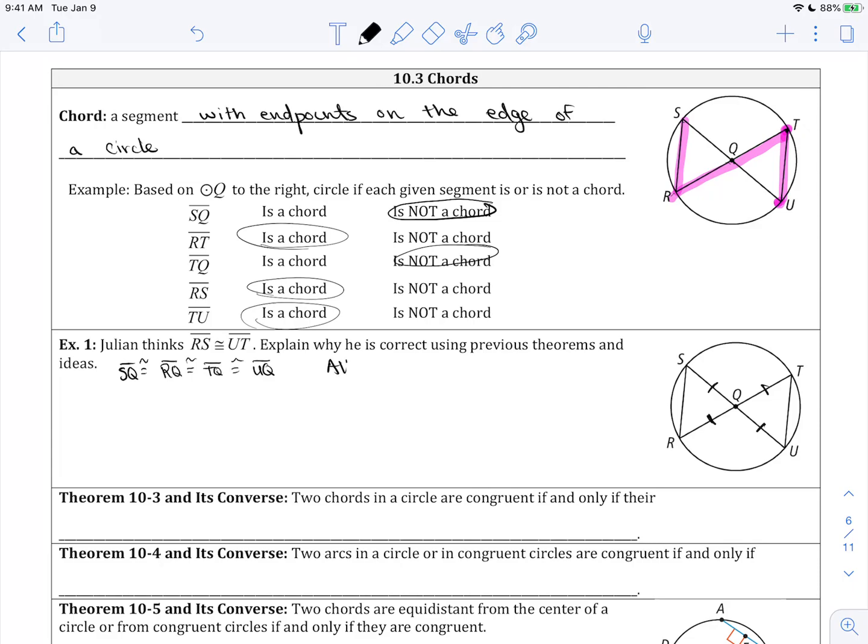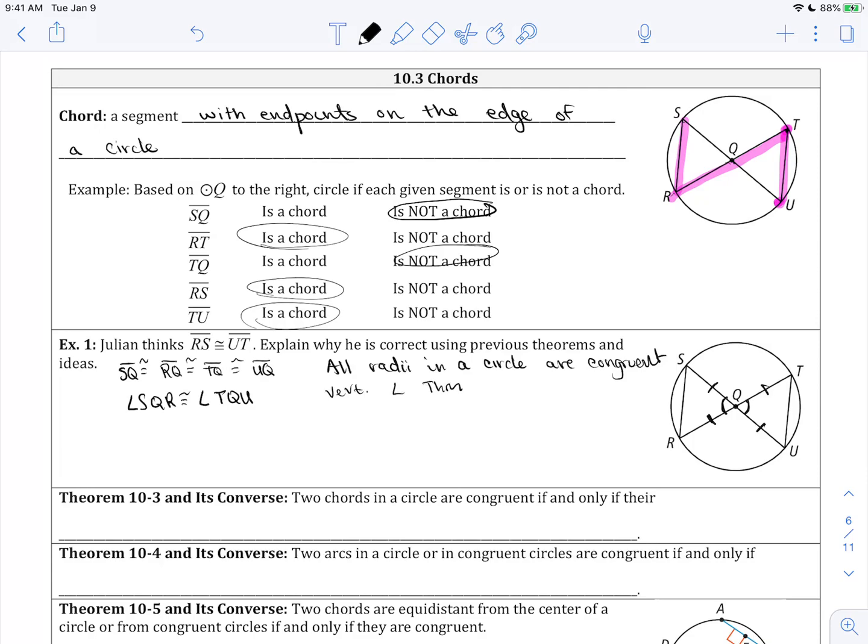So all radii in a circle are congruent. Okay, and we know that. The other thing we know, looking here, is we can tell these angles right here are congruent. Angle SQR is congruent to TQU, so this is all going back to the beginning of the year, by the vertical angle theorem.